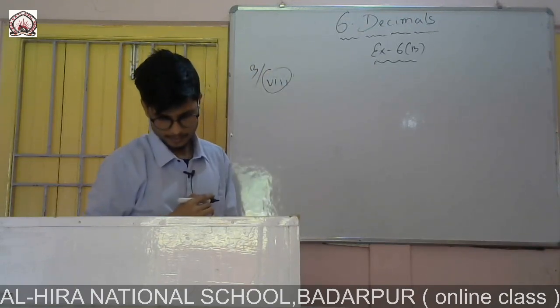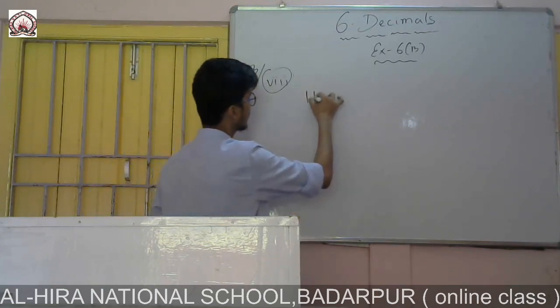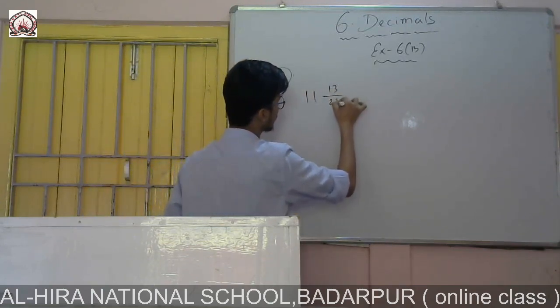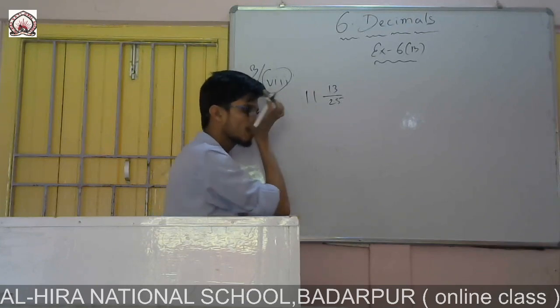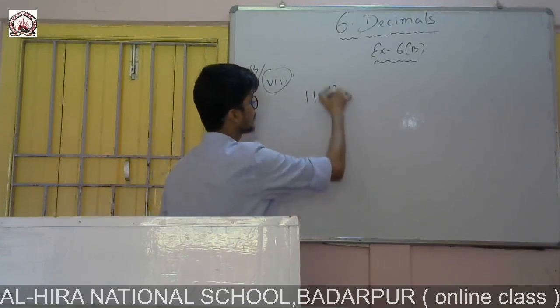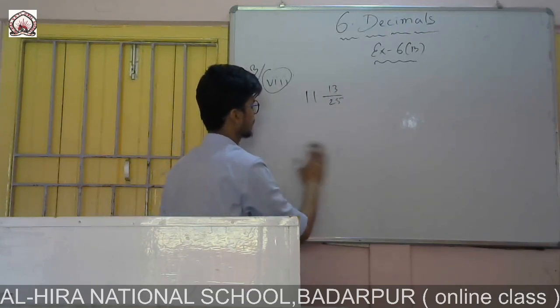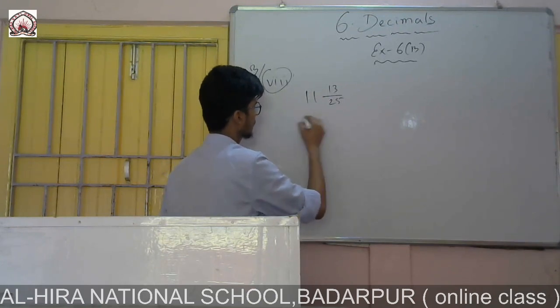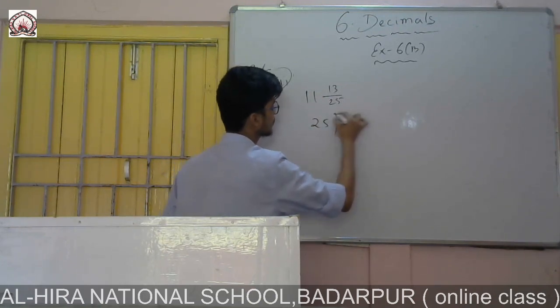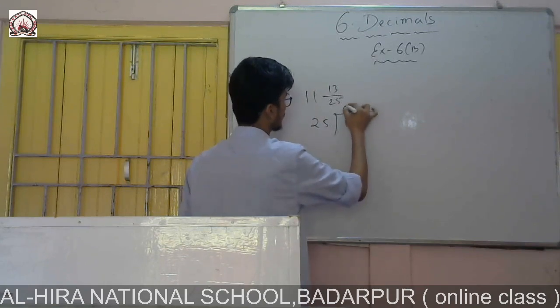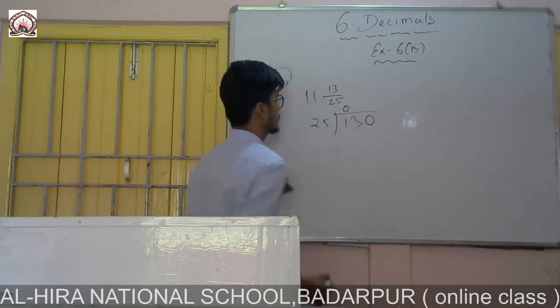It is 11 13 by 25. No need to do the whole thing, no need to convert it. Simply divide this fractional part. So I write 25 outside, and there it will be 13. After putting a decimal, I can write a 0 here.